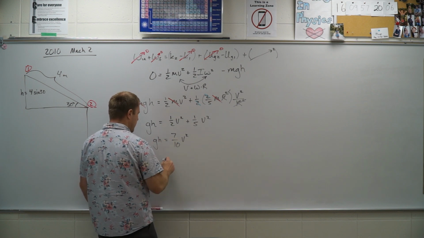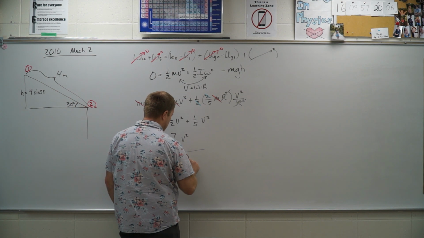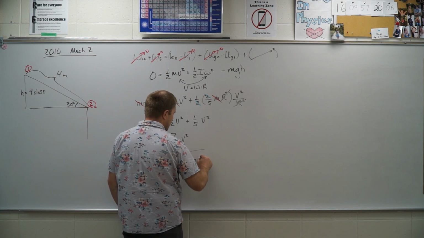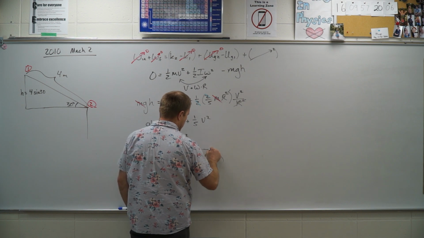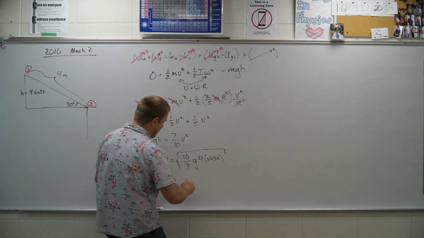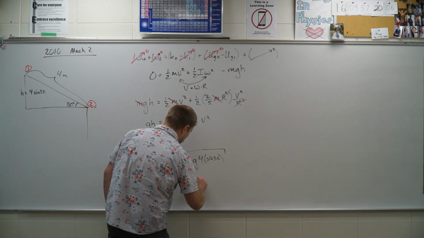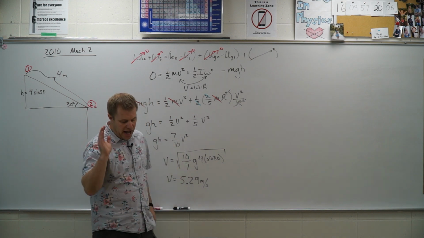So now I just need to finish solving this. So v is going to be the square root of 10/7 g times my height, which is 4 times the sine of 30. Plug that in your calculator, and you should get a speed of 5.29 meters per second.